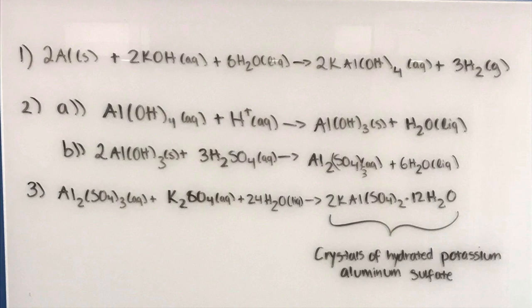The beaker was then placed in an ice bath to lower the temperature, which is necessary because alum crystals are soluble in water at room temperature. Upon cooling, crystals of hydrated potassium aluminum sulfate are deposited, and the final equation was Al2(SO4)3 aqueous plus K2SO4 aqueous plus 24H2O liquid yields 2KAl(SO4)2 times 12H2O, which is the potassium aluminum sulfate that was deposited.